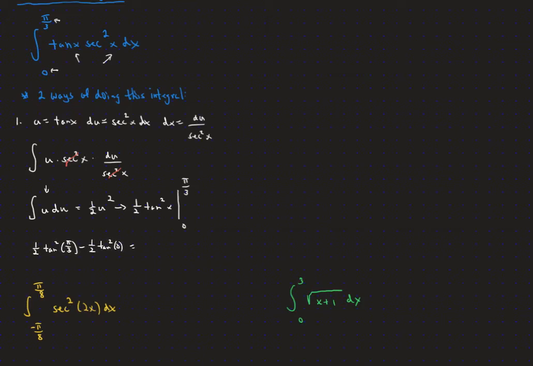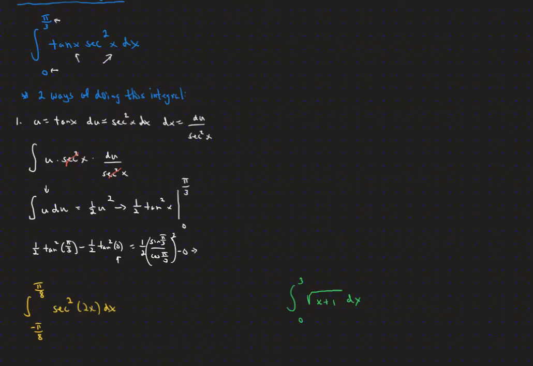Okay, now here we go. 1/2 tangent of pi over 3 is going to be sine pi over 3 over cosine of pi over 3, squared. And since the sine of 0 is 0, tangent of 0 is also 0, so that second part's going to go away.